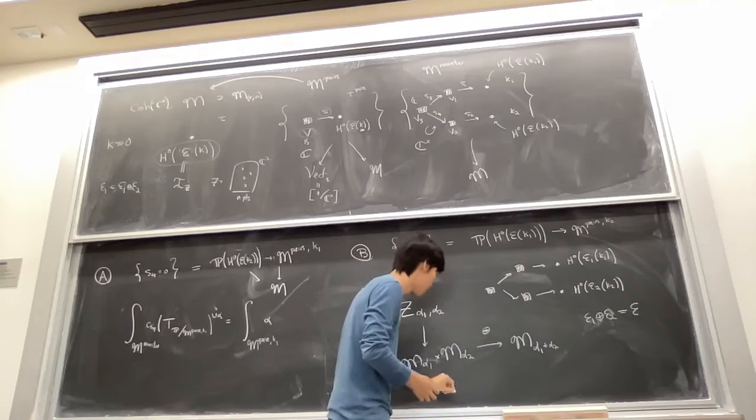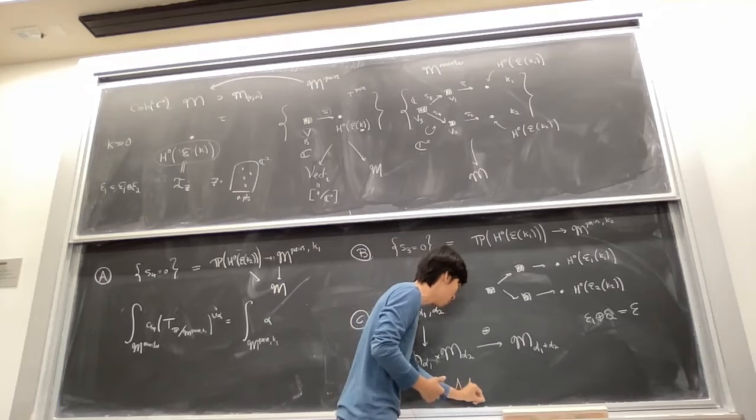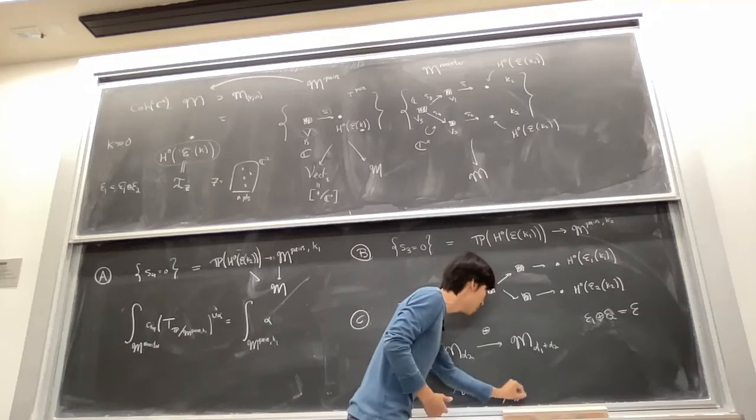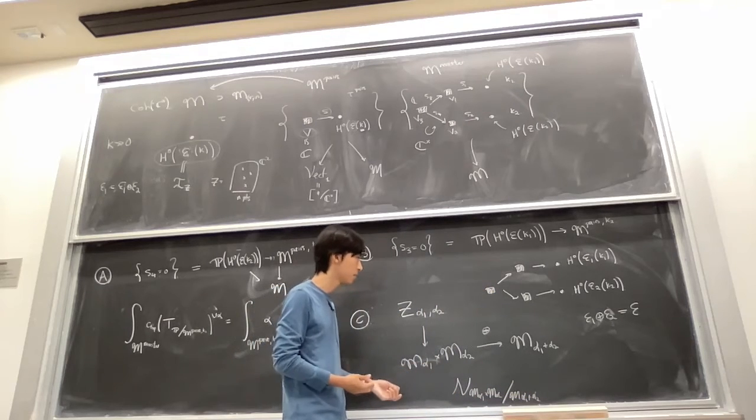So here you're going to have some extra term coming from the normal bundle of M alpha 1 times M alpha 2 inside M alpha 1 plus alpha 2. And this is the thing that goes about extensions.